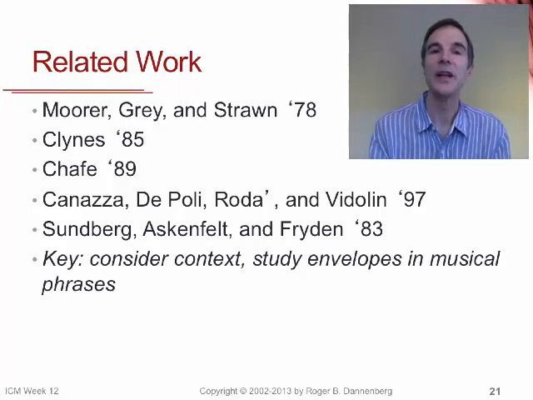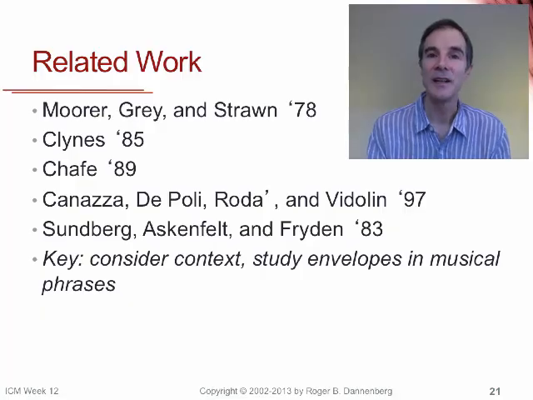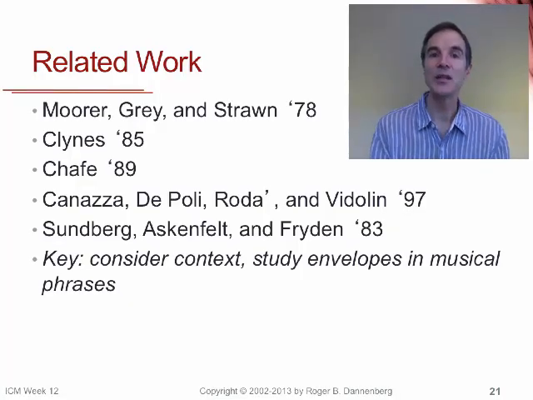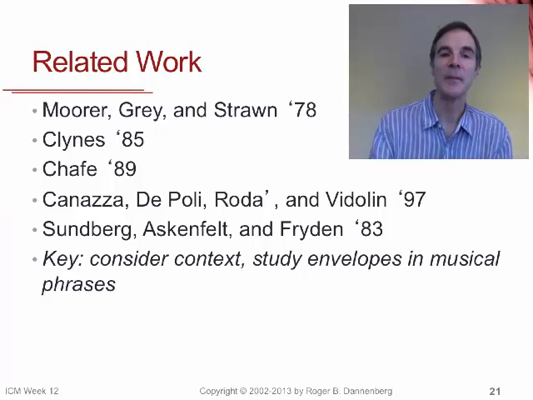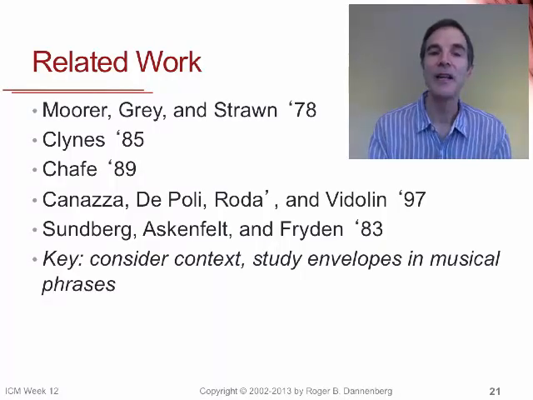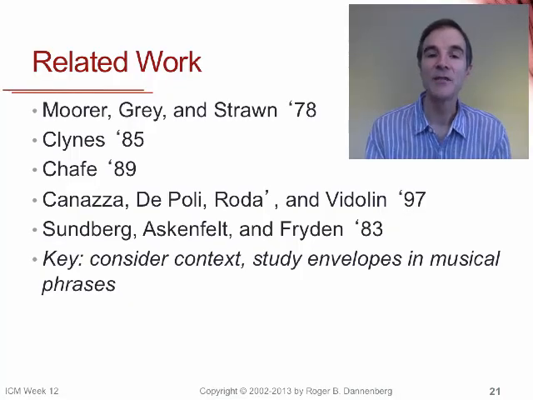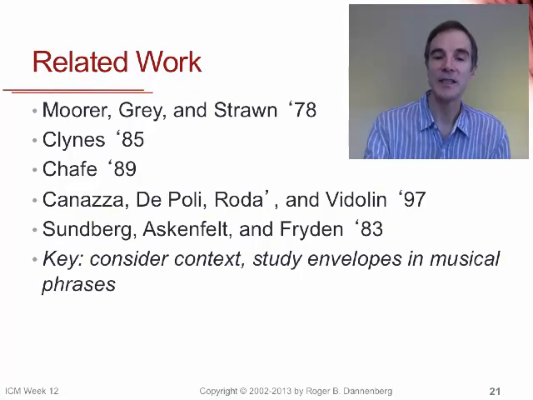There's a lot of related work talking about envelopes and expression and how to make musically shaped envelopes. And the key to all of this is you have to consider context and study envelopes within musical phrases.